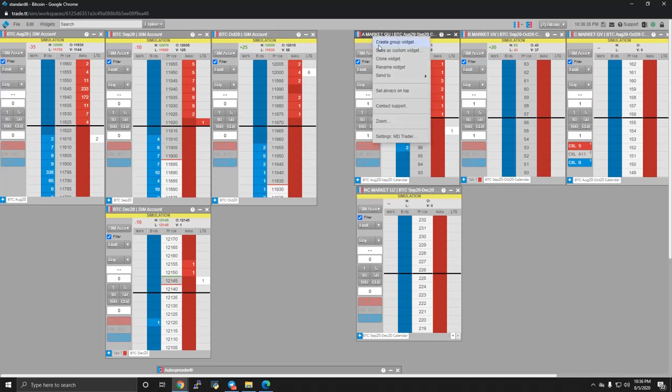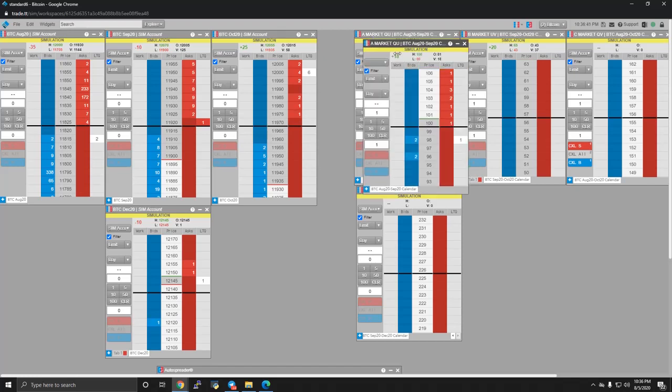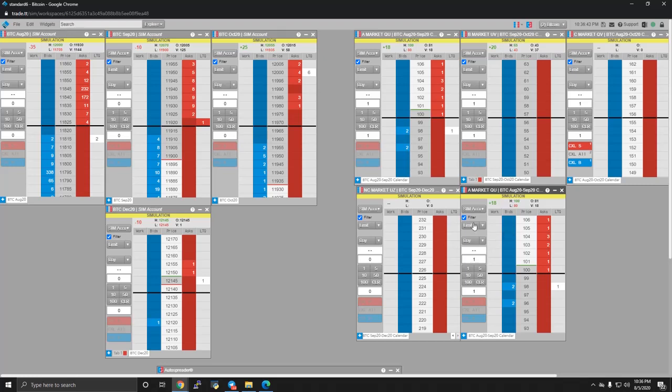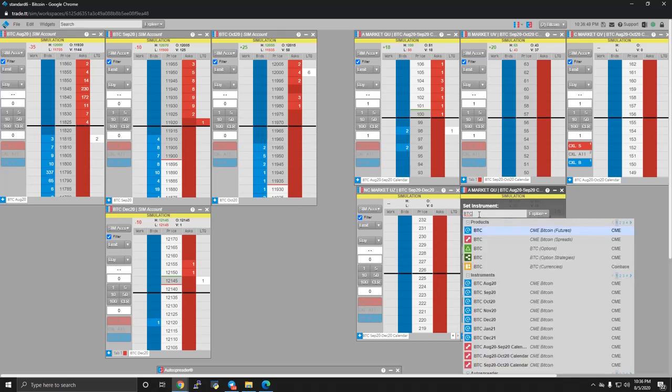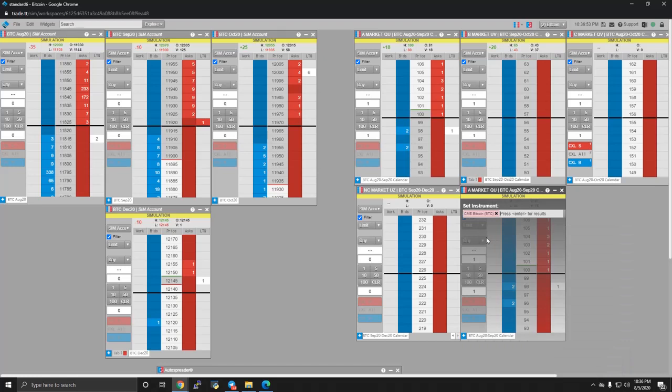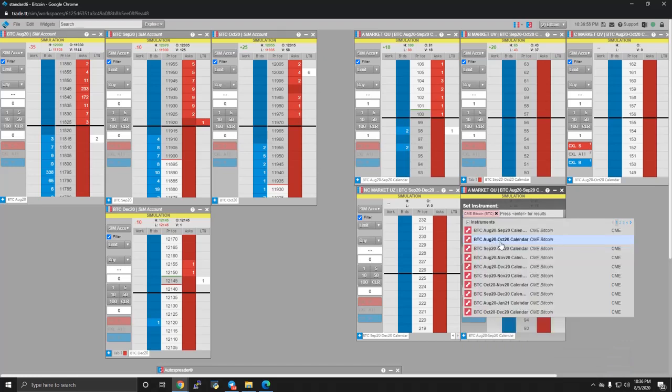Alright, now let's clone again and bring in our double C market, which will be the Bitcoin Aug December spread, Aug Oct, Aug Nov, Aug Dec, QZ.